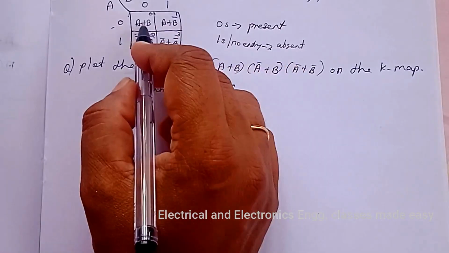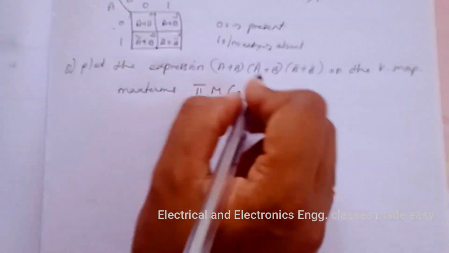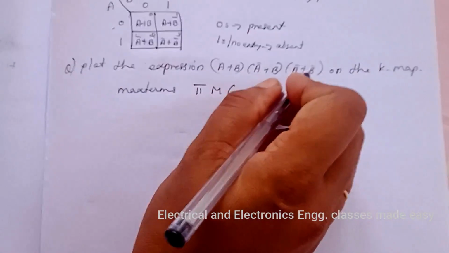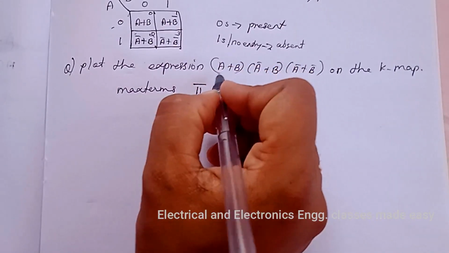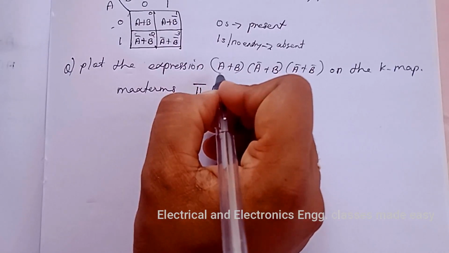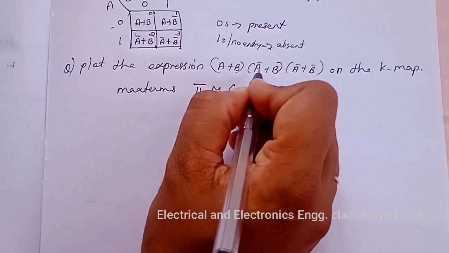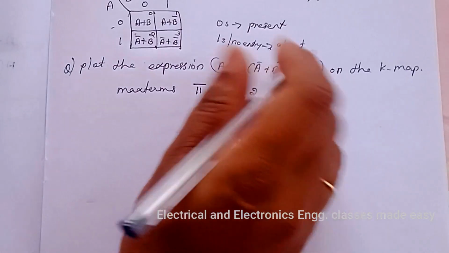A plus b is 0, a bar plus b is 2, and a bar plus b bar is 3. So remember here in POS term, a is 0 and a bar is 1. So this is 0 0, 0 1, and this is 1 1.